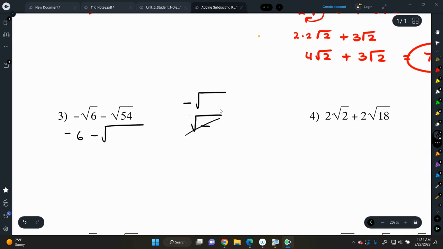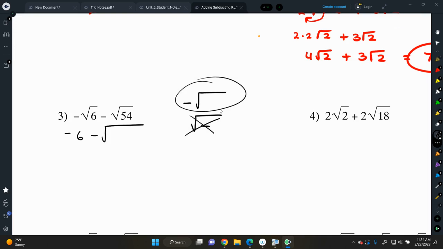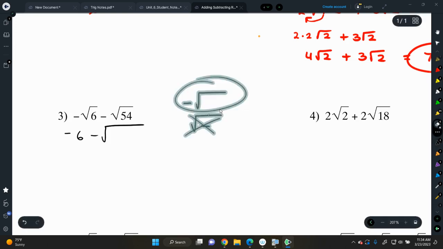So you can't do this, but you can do this. Simplifying the square root of 54, what did you do? I got 3 root 6. So we're going to simplify this as 9 times 6. I don't want to confuse everybody, so I'm going to do 9 times 6.